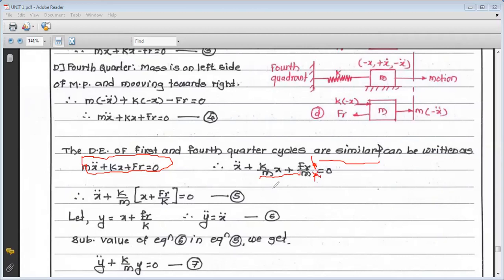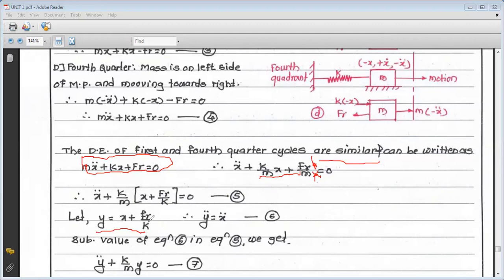So it is Fr upon k. We have taken k upon m as a constant, so x double dot plus k by m into x plus Fr by k, where k cancels, we get Fr by m is equal to 0. Now let us take another constant, y, another displacement y, as x plus Fr upon k.